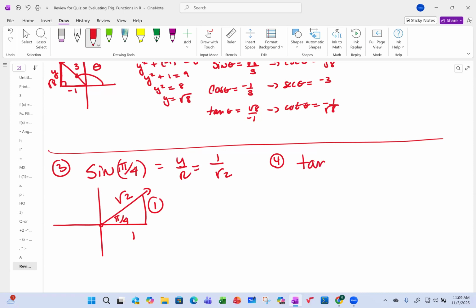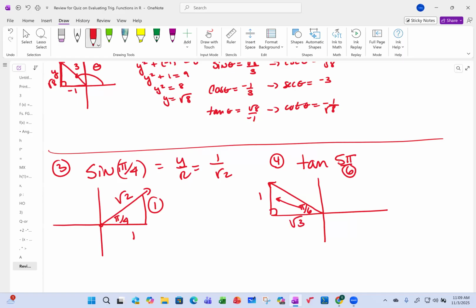Number 4 is the tangent of 5 pi over 6. Again, pause the video. So this angle is 5 pi over 6. 5 is less than 6, and it puts us in this quadrant right here. We're 5/6 away. We're dividing by 6, so the reference angle is pi over 6. And across from pi over 6 is the value of 1.